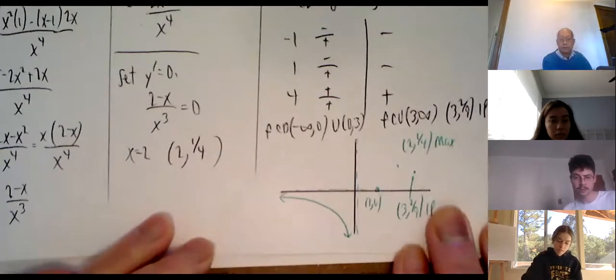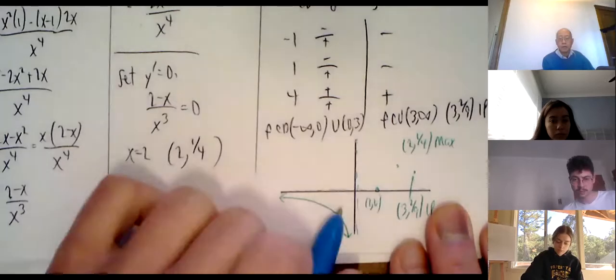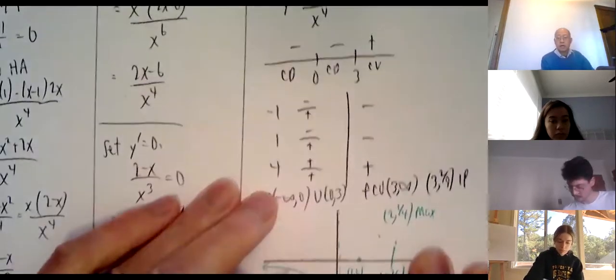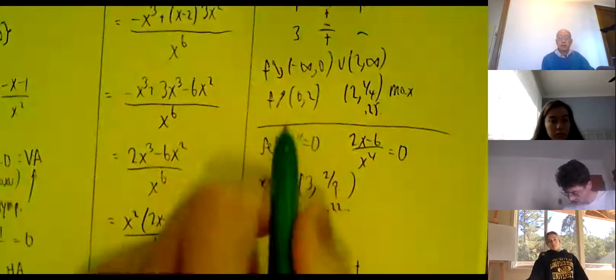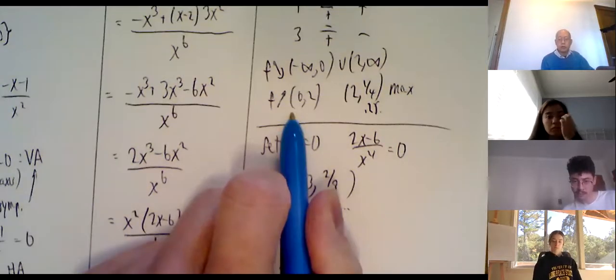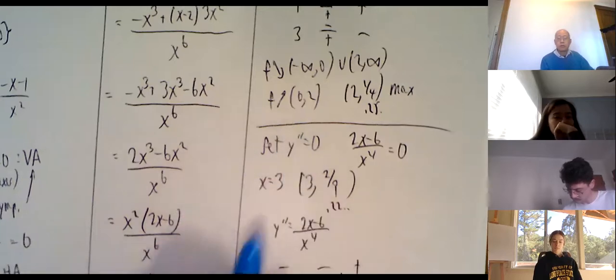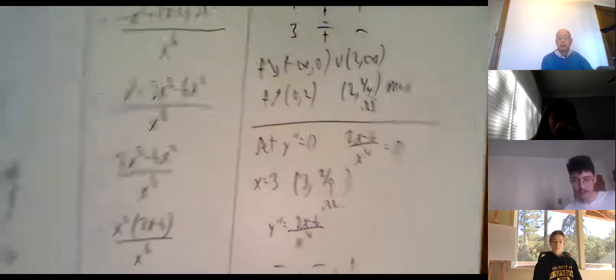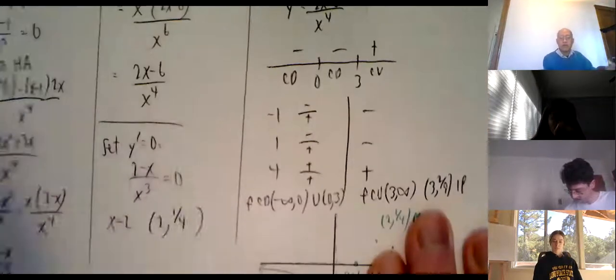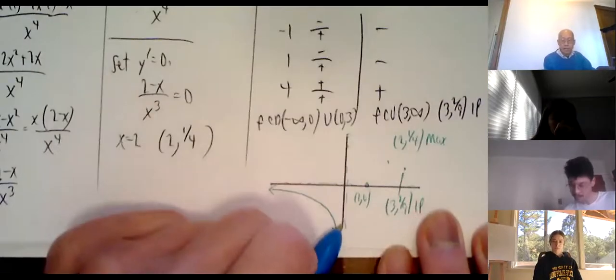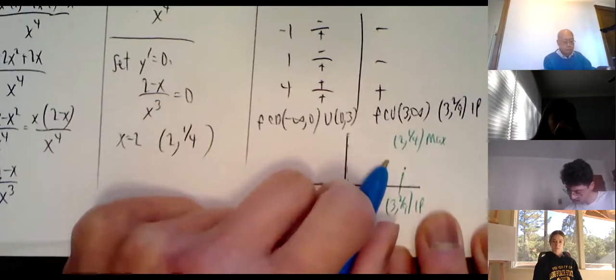Like that. Now what happens? Increasing from where to where? 0 to 2. Concave up from 0 to 3. Okay, asymptote touches here, maximum.